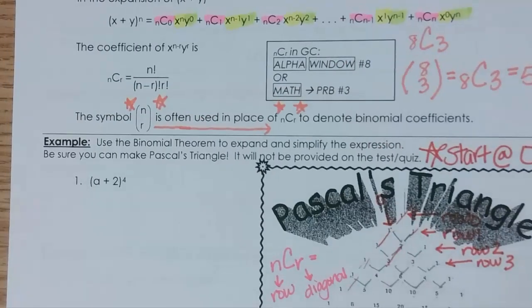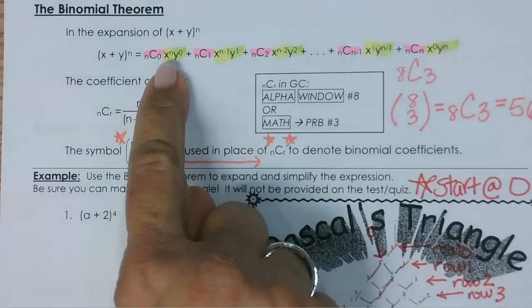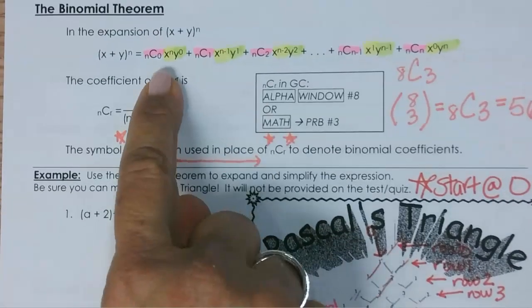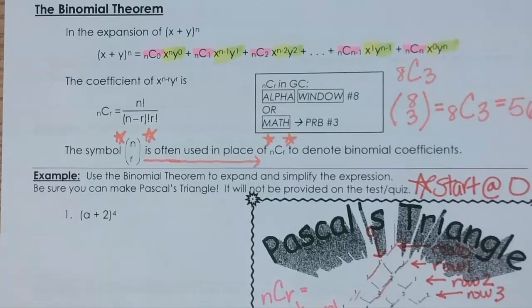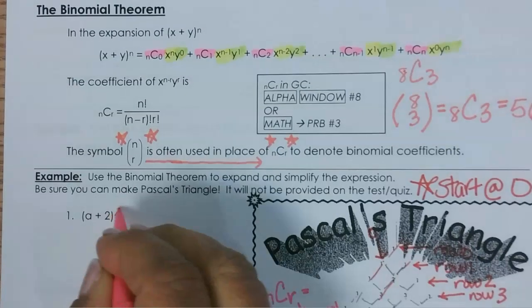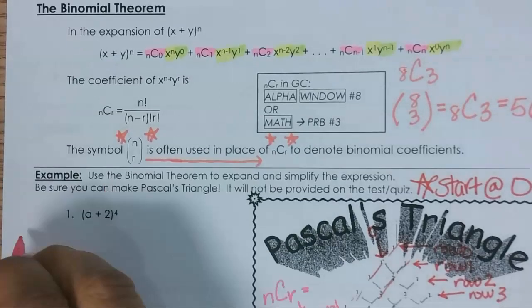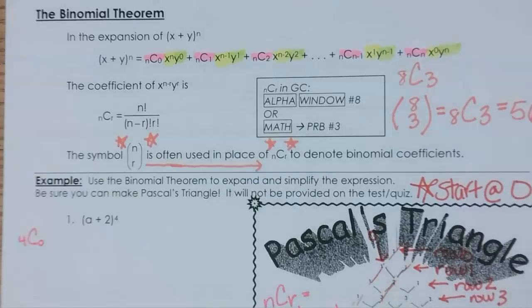So we can use these things to expand and simplify the expression, right? We're going to start with (a plus 2) to the 4th power. Now, when I think about that, I'm going to look at each of these different pieces, and each term is going to have one of these pieces. So the first thing that I would do, because our n is 4, is that I'm going to have 4C0 as that coefficient.